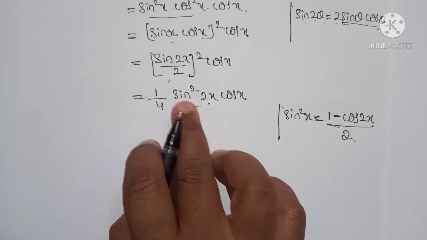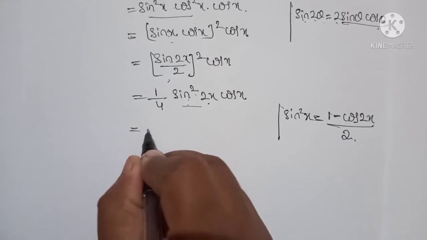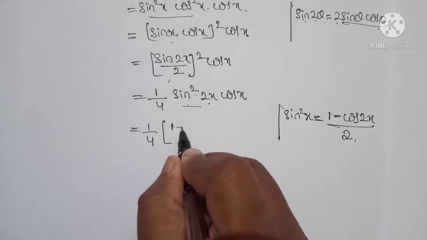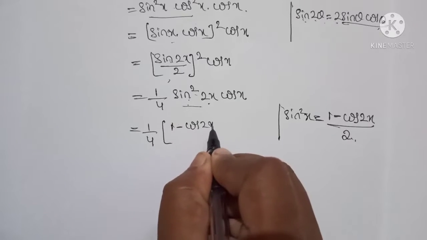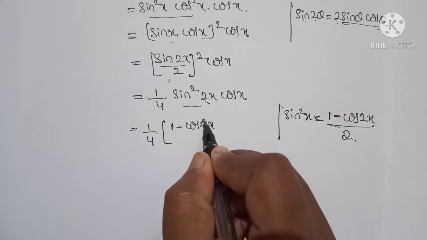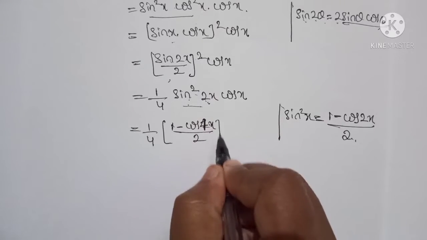Applying this formula for the sine square, we get 1 by 4 into (1 minus cos 4x) divided by 2 into this cos x as it is.